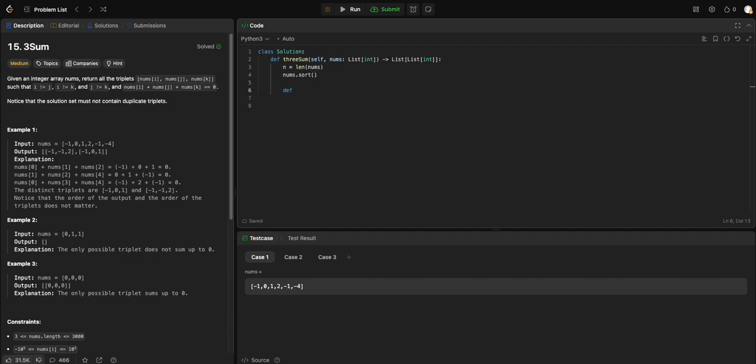Then we define a function, two sum, taking the parameter i, right?